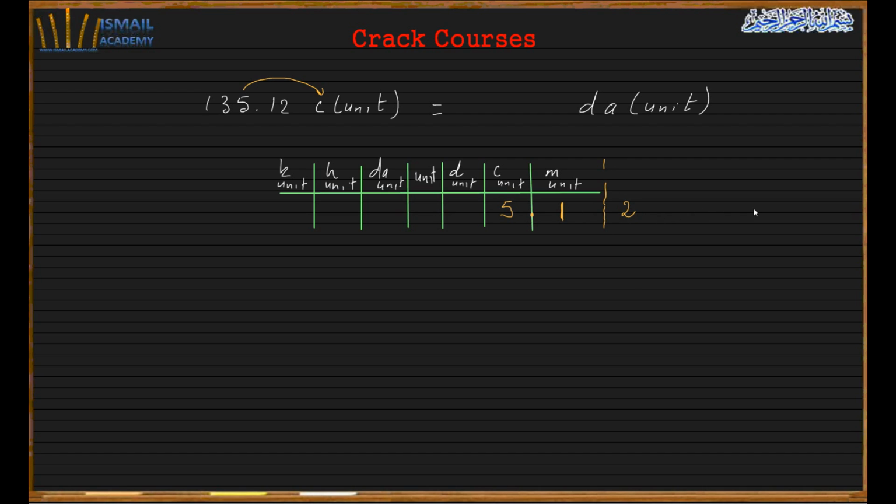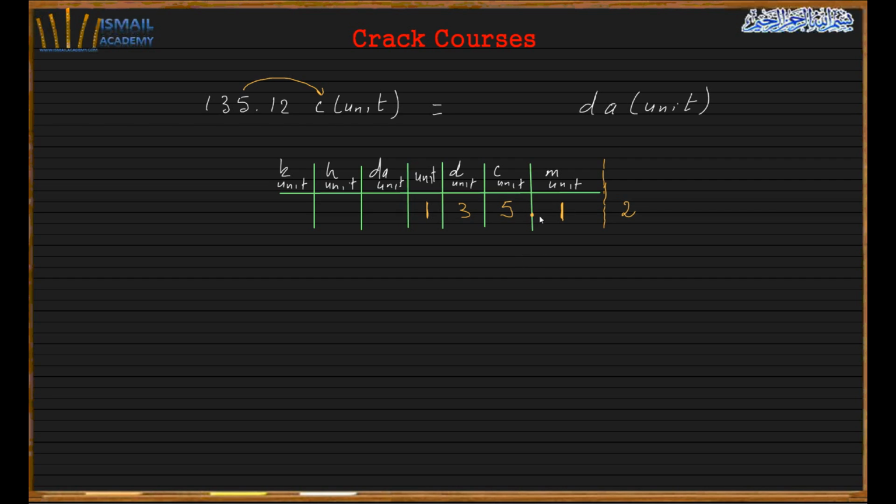If I have 2 or 3 more numbers, I just put them on the side here. That means there is another smaller unit, but for now we focus on those units. Now I write the rest. So this is 3 and 1. So this is 135.12 centi-unit.